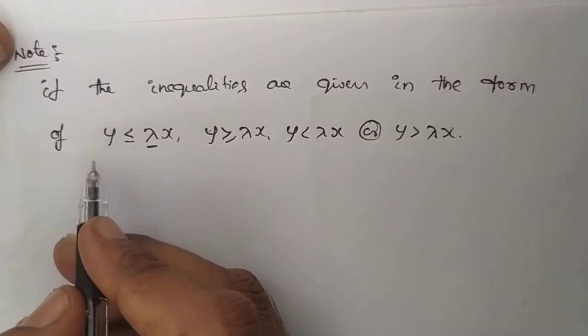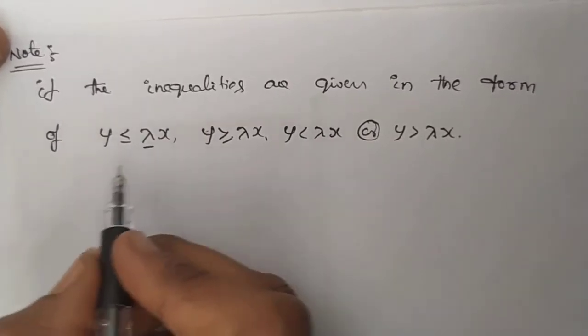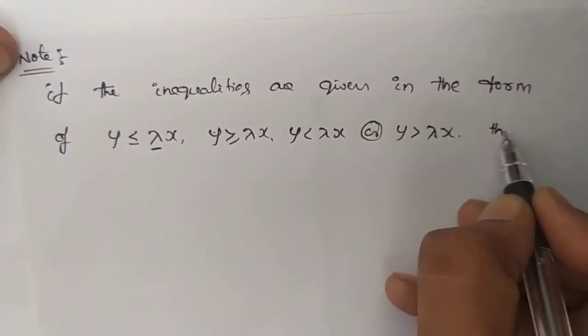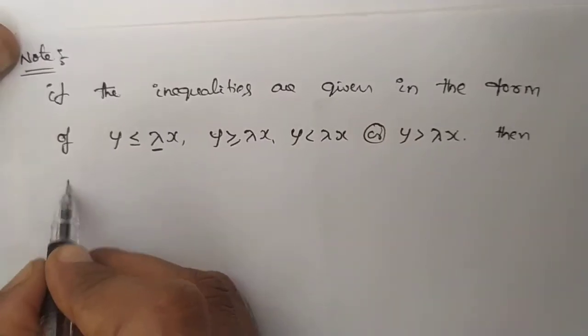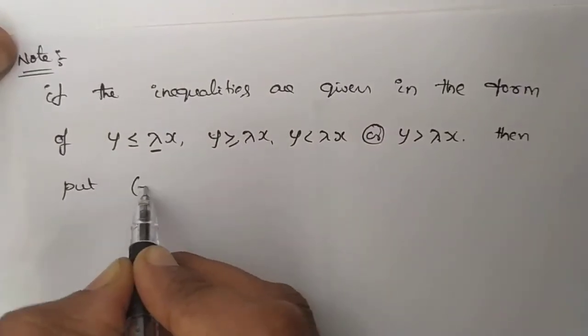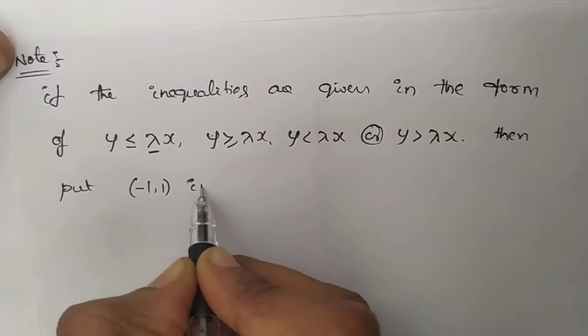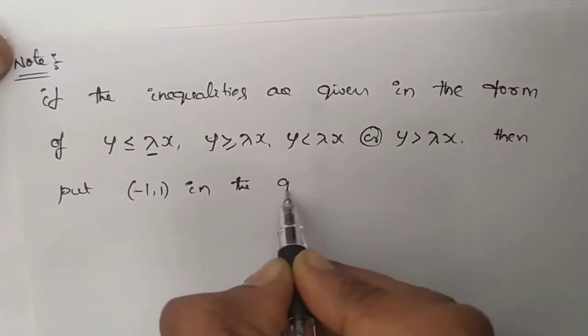If the inequalities are given in the form like this, then we have to put minus 1 comma 1 in the given inequality.